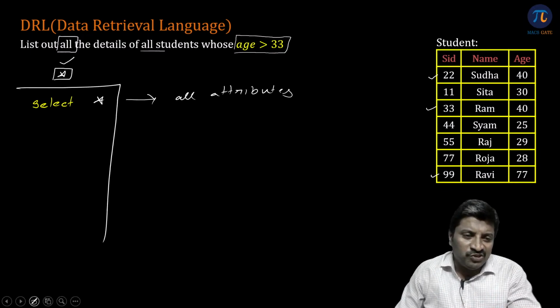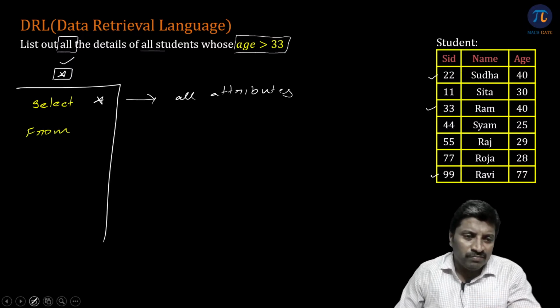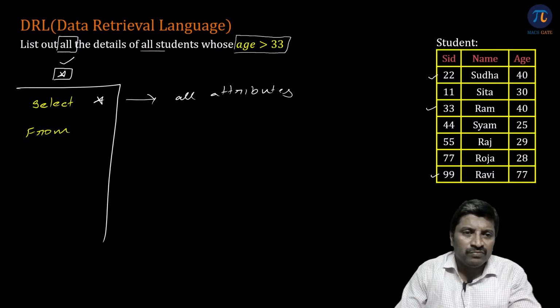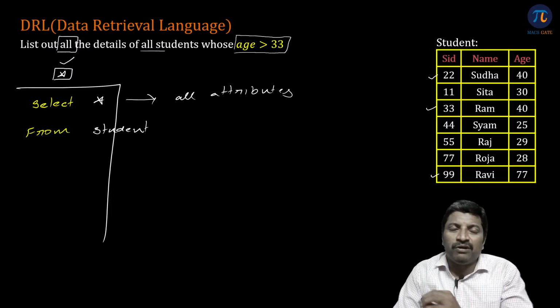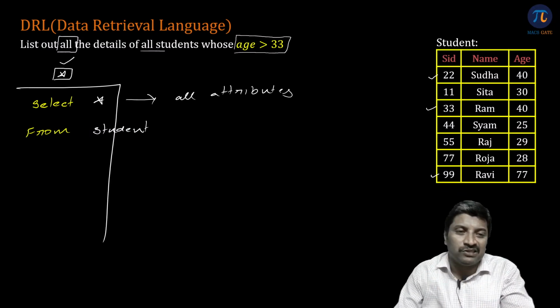Then from which table you want, sir? From student. Now we don't need all the students. We need only the students whose value in age is greater than 33.